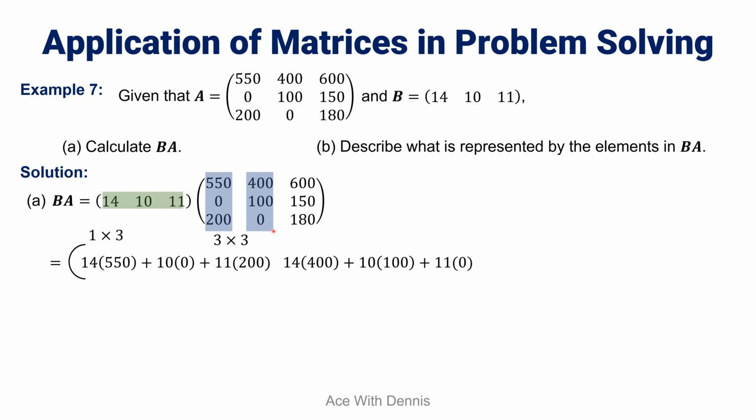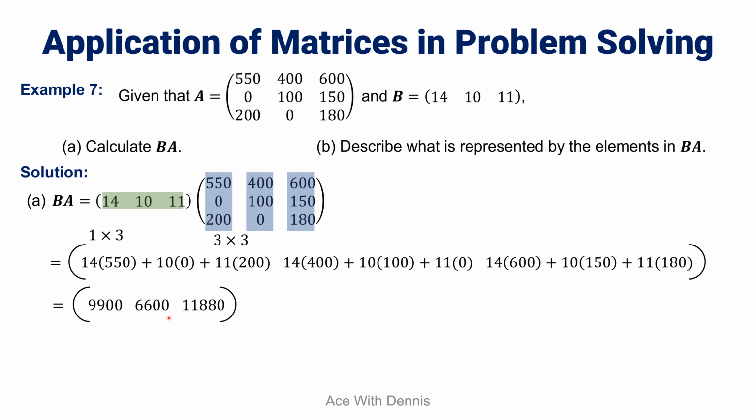Next one, these elements multiply with these elements, and we will have 14 times 600 plus 10 times 150 plus 11 times 180. Then we calculate everything together. We have 9,900, 6,600, and 11,880.